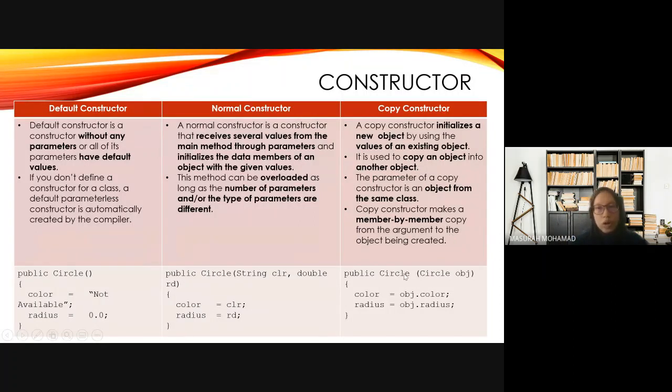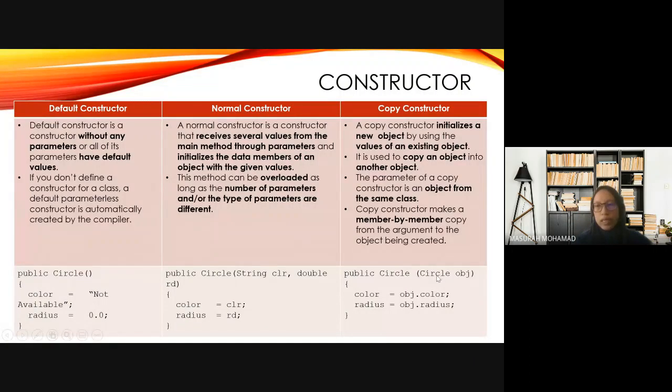So in this case kalau you all tengok beza dia punya declaration Circle juga tapi you all tengok dekat parameter dia. Kalau yang normal, parameter dia parameter biasa. Okay, kalau ada dua lah parameter kita kena letak. Tapi kalau objek just panggil objek sahaja.